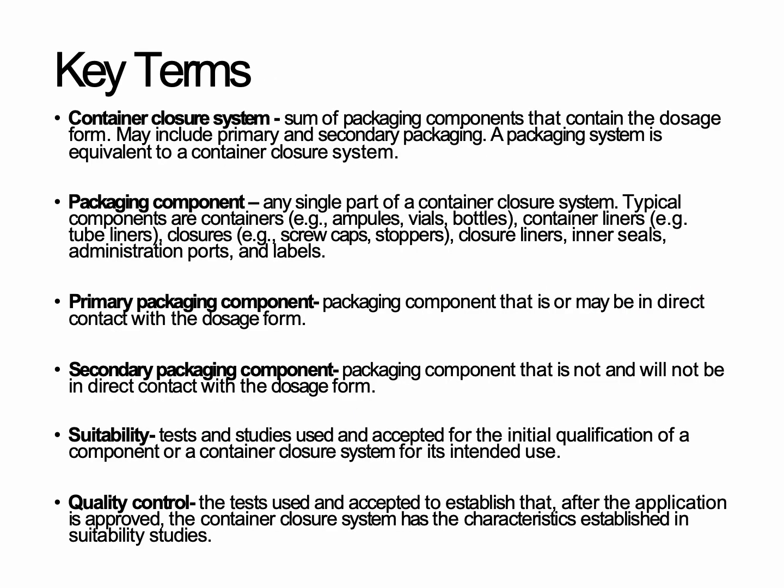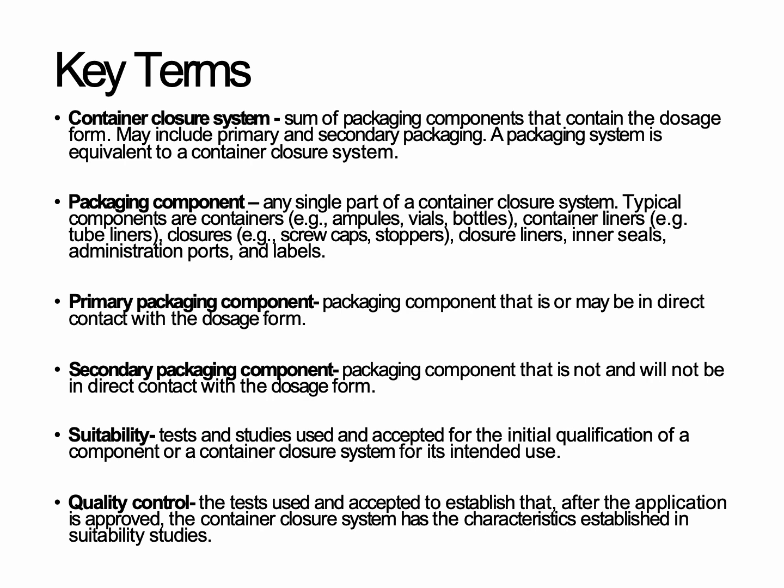Now, we need to know the following terms for the next slides. The first term is container closure system, that I already mentioned. This is a sum of packaging components that contain the dosage form. A packaging component is any single part of a container closure system. Typical components are containers like ampoules, vials, bottles, or container liners like tube liners.